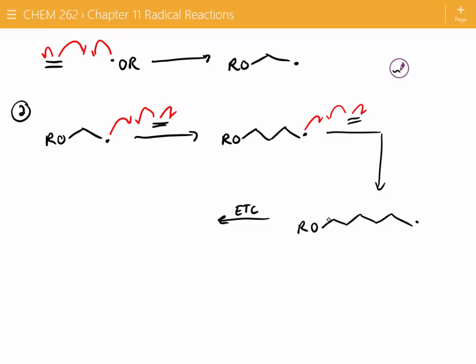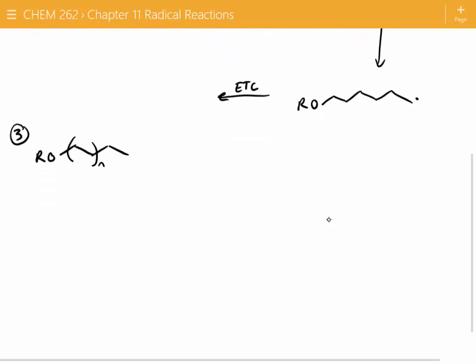Now the termination step is also pretty simple, and there are two options. I'm going to just abbreviate this. So let's say we've got some long chain polymer, and we've got a radical at the end. Occasionally this will find another radical.